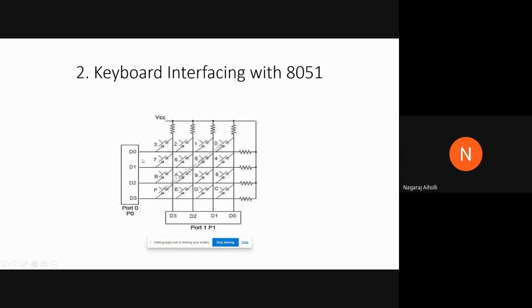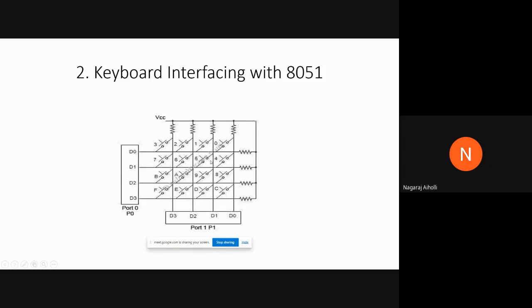The ports of the microcontroller are used to interface with the keyboard. Here only 4 pins each of port 0 and port 1 are used to connect to the keyboard.